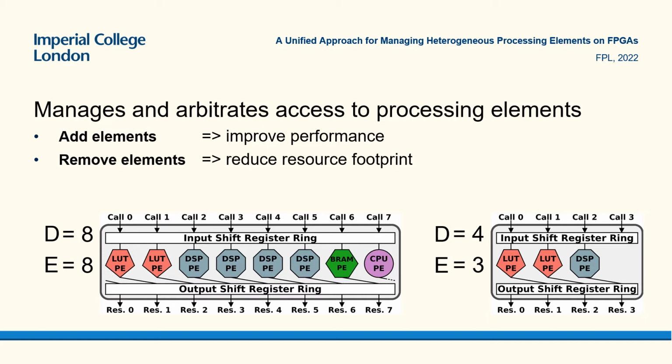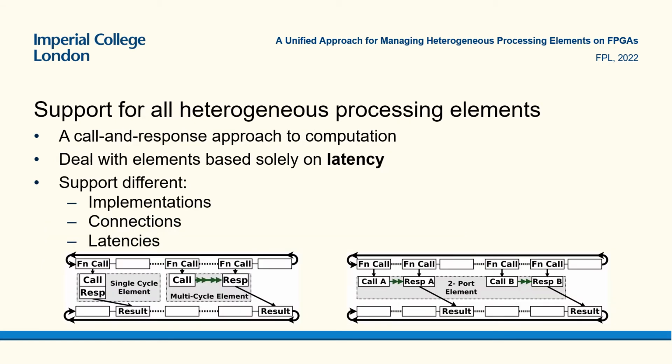And so we can add or remove processing elements to meet the needs of the applications or the limitations of the target FPGA device. We can use more resources when available or use fewer resources to make the application more compatible with smaller FPGAs.